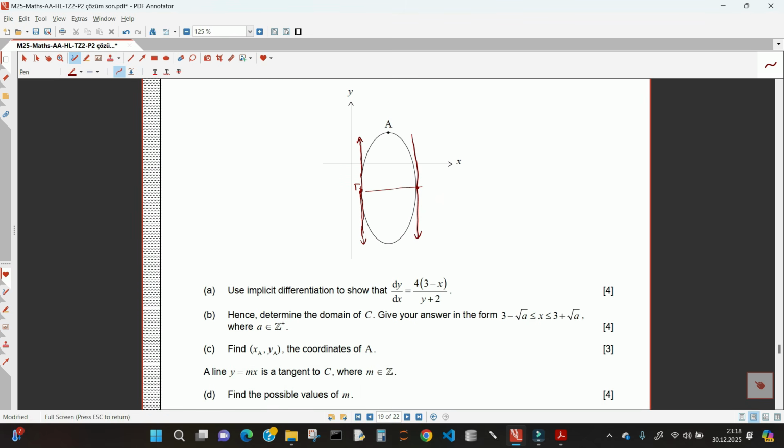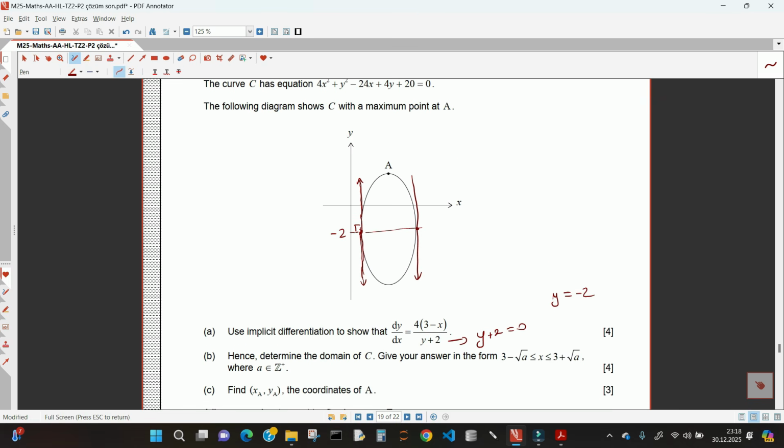In this case, if the derivative is undefined, it means the denominator will be 0. So y plus 2 will be 0, and I know that y equals -2, and the y value of this coordinate is -2. So how are we gonna find the x values of this coordinate?